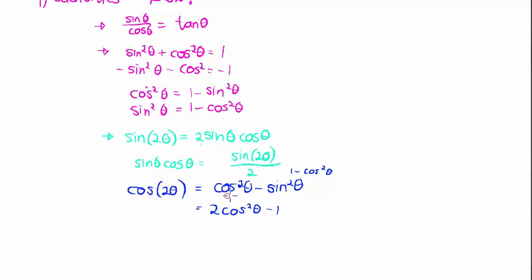Or I can replace the cos squared with 1 minus sine squared theta. Notice now there's minus sine squared, so it's 1 minus 2 sine squared theta. Again, I promise you it's not going to take you half an hour to study these off by heart. And the more you use them, you'll see you don't need your formula sheets.